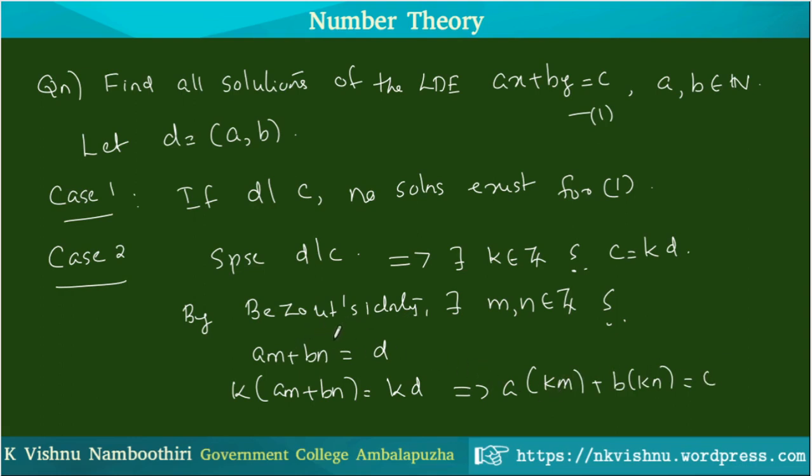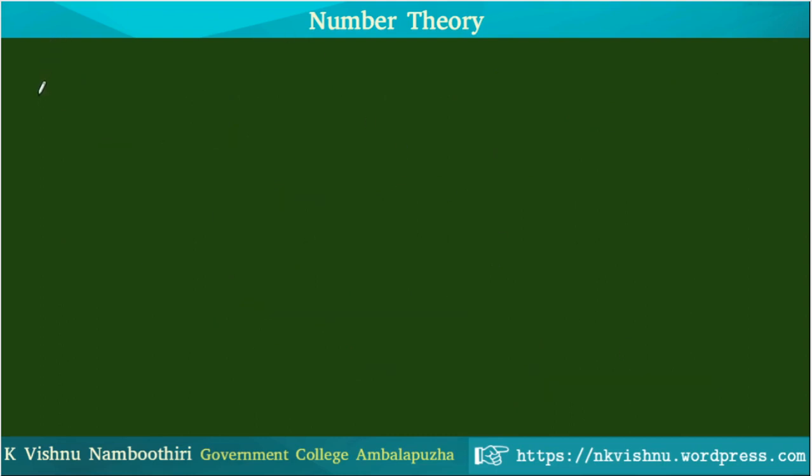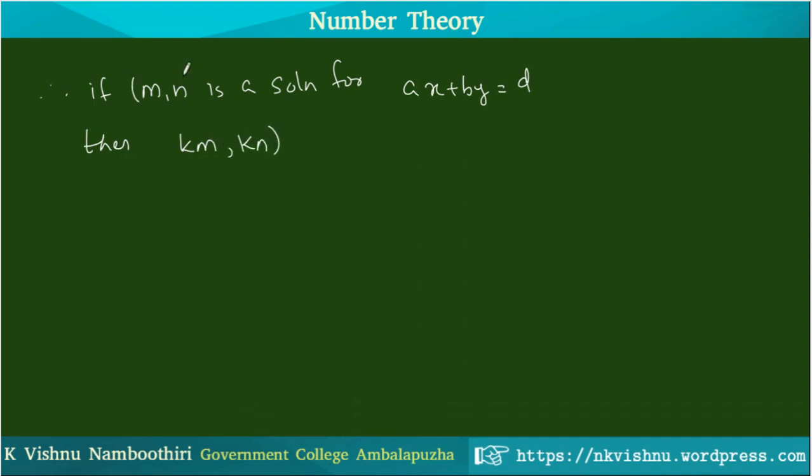Therefore, if (m, n) is a solution for ax plus by is equal to d, then (km, kn), which is an ordered pair, is a solution for ax plus by is equal to c, where c is equal to kd.